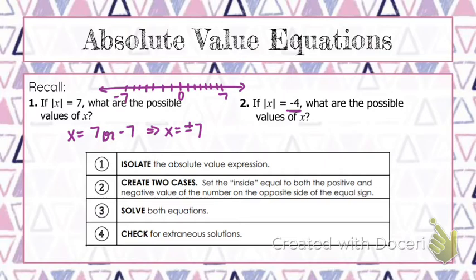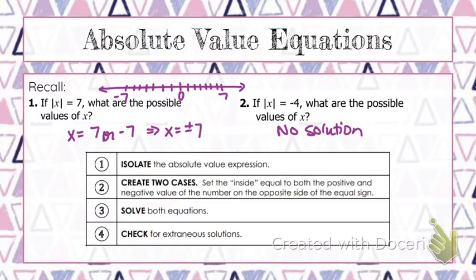Whether I'm in front of it, behind it, to the side of it, doesn't matter. So you can never have absolute value equal to a negative. Now, keep in mind, x can equal a negative number, but the absolute value of x cannot equal a negative number. I hope that makes sense. So there is no solution to number 2.